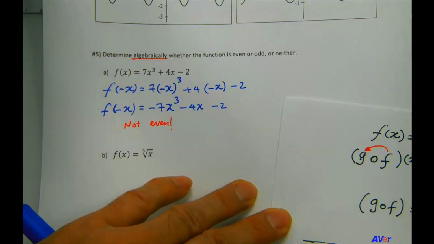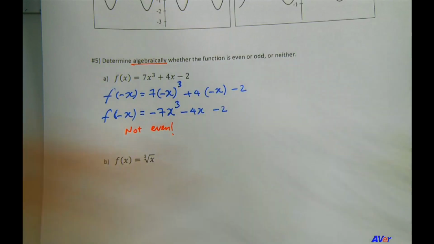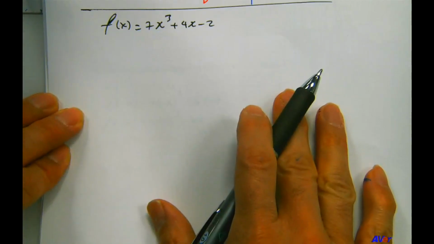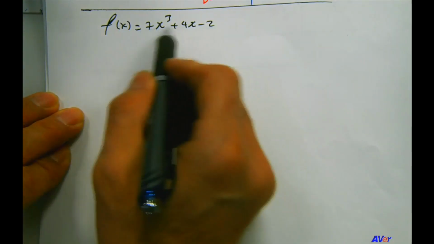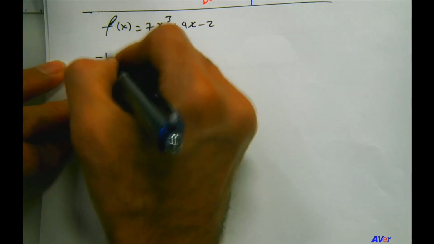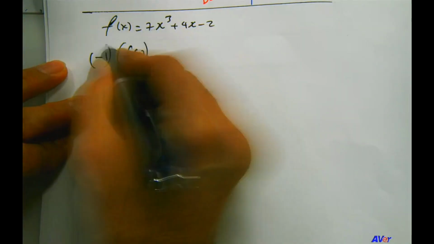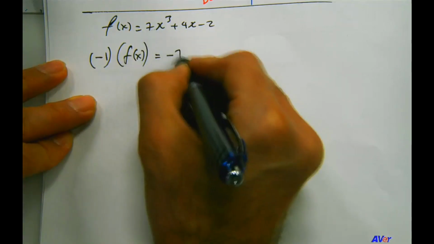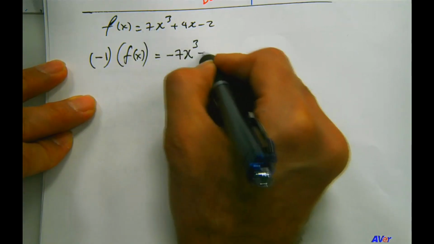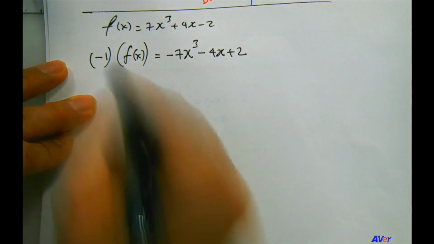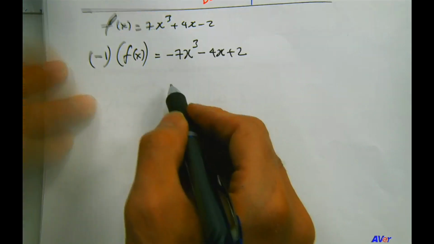This is what I mean. This is the original function. If we multiply this function by -1, that is -1 times f of x, what do we get? We get -7x cubed minus 4x plus 2. That's -1 times f of x.